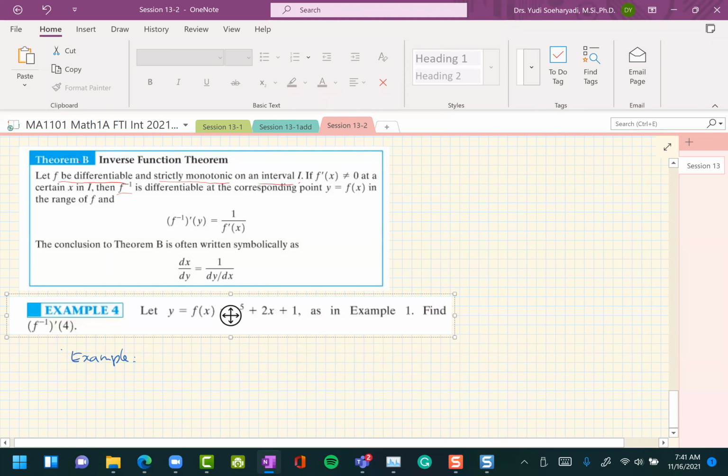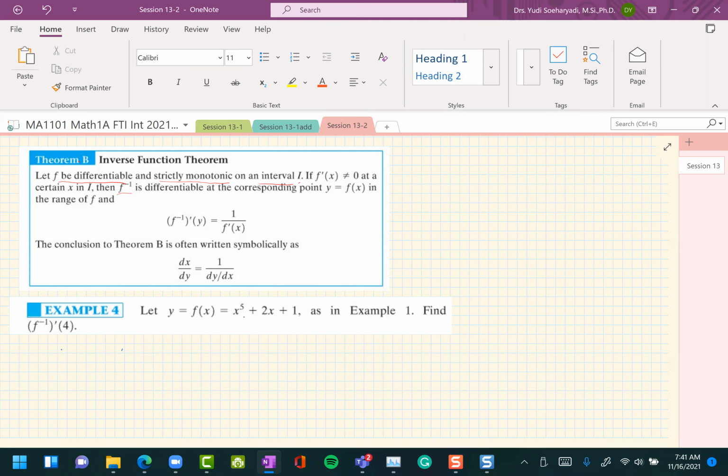So let's see. Here we have this function. Because it's a polynomial of order 5, it is not easy to find x in terms of y. So computing f inverse explicitly is not easy.